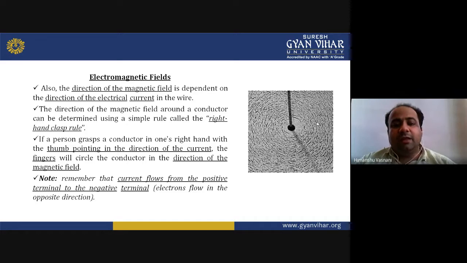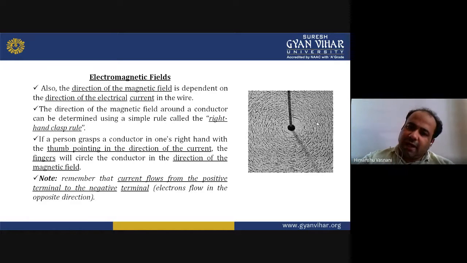It says that if a person grabs a conductor in one's right hand with the thumb pointing in the direction of the current, the fingers will circle the conductor in the direction of the magnetic field.